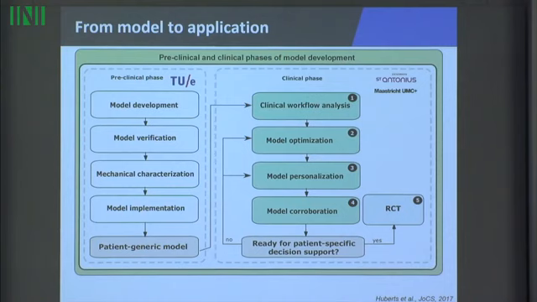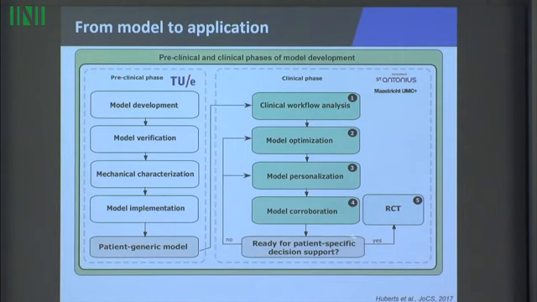So, for example, if I want to predict a pressure drop, I have a model to predict pressure drop, I make it patient specific, and then I have a calculated measure, and I compare it with real invasively measured pressure drops. And then I have an uncertainty in my prediction due to model input uncertainties, and I have a bias. So that's a model framework error.